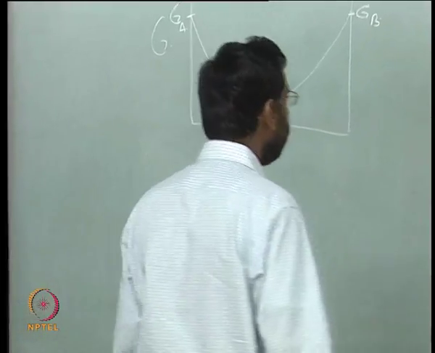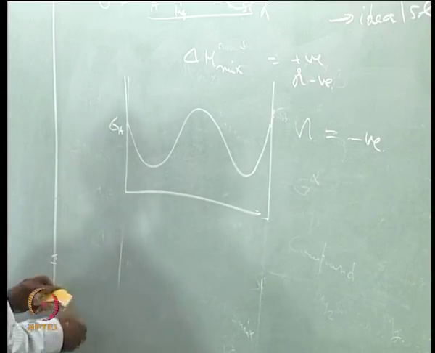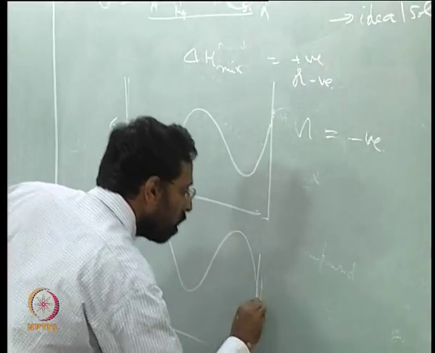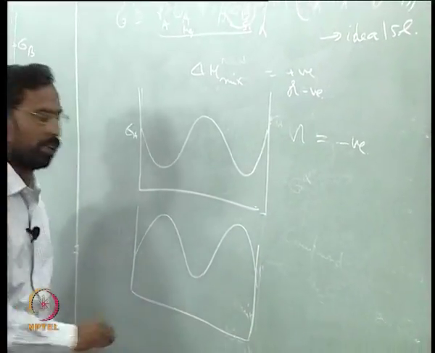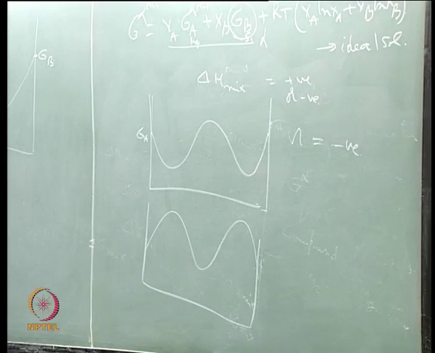And you may ask me why it should go down and then come up. Why can't we have a free energy curve which goes like this? That is where the question that Anisha has asked in one of the last classes comes into picture.